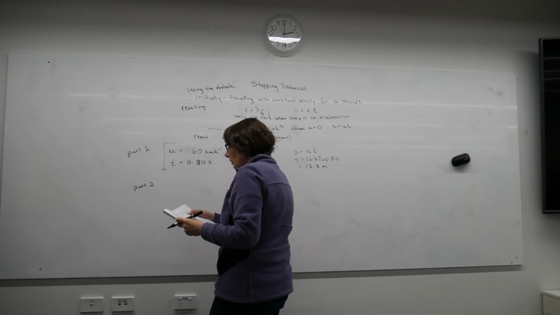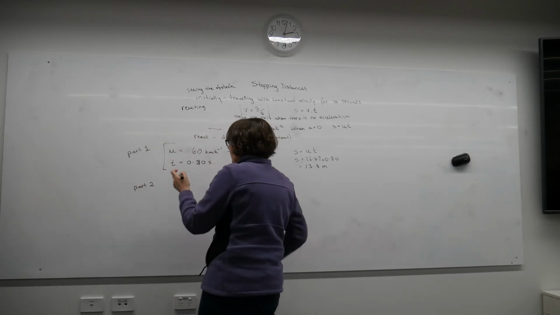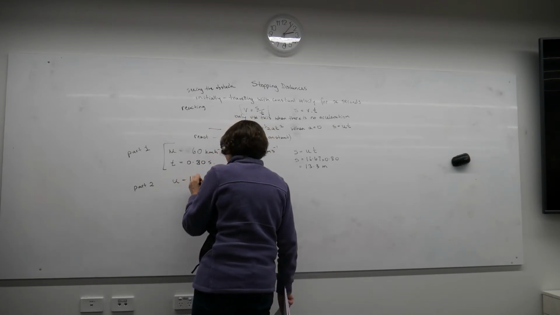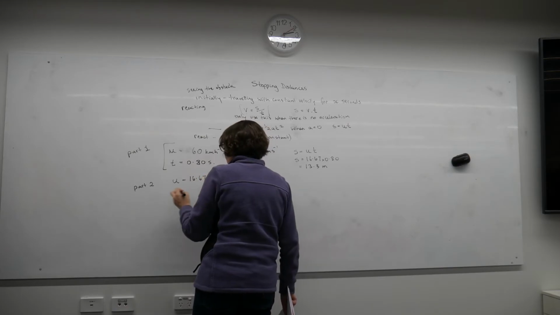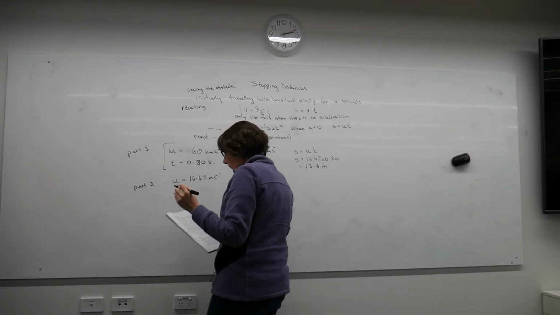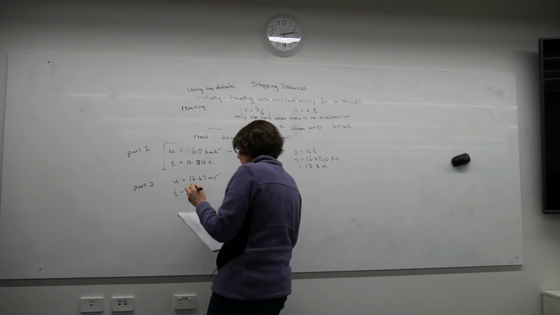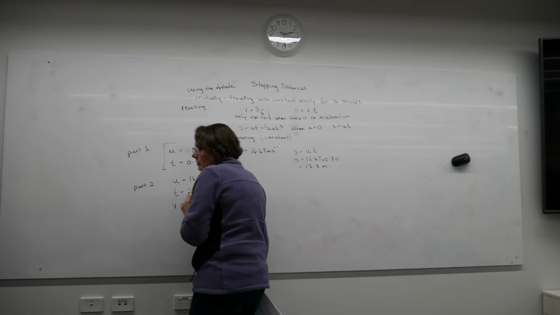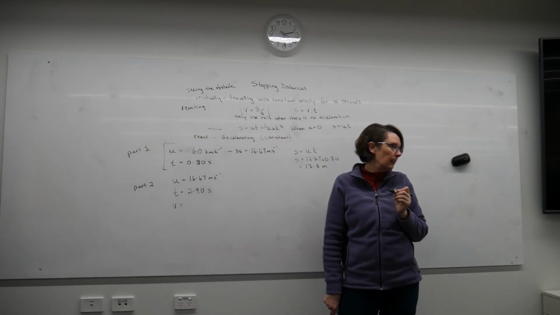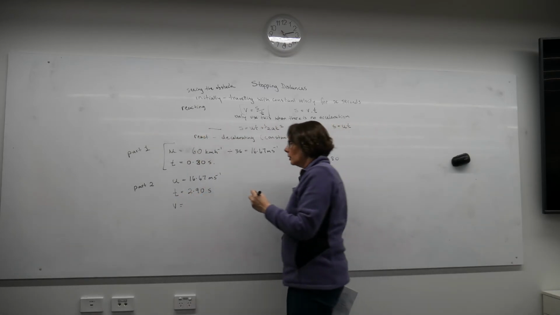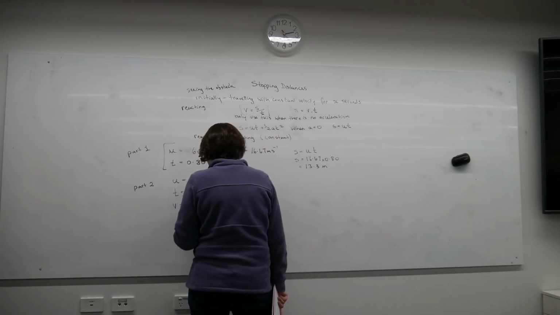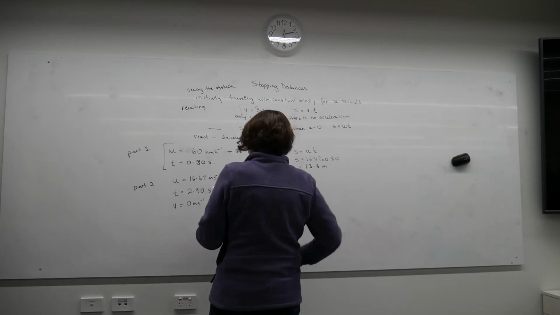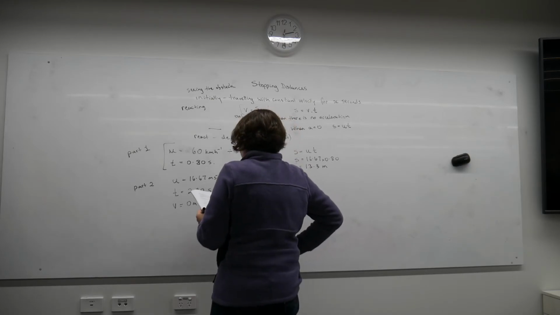Then, part 2, it takes a further 2.9 seconds to stop. Well, the initial velocity is still the same. Now we have the time of 2.9 seconds, and we know the final velocity is 0, because we've stopped. And will she hit the dog?